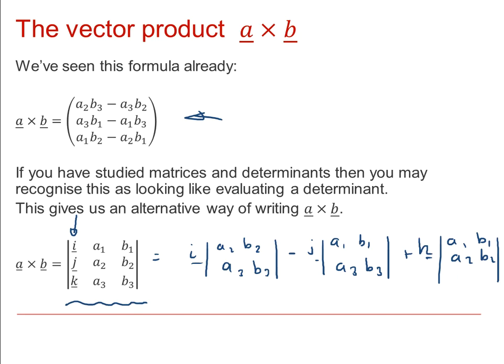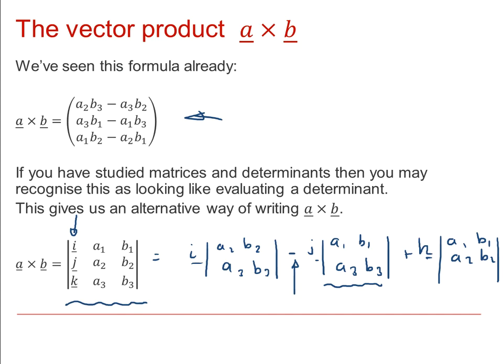If you work out those determinants, you'll see that i gives a2 b3 minus a3 b2, which is the top line of our cross product. The j term is a1 b3 minus a3 b1, but of course it's negative when we find the determinant, and that produces the middle line of the vector product. And finally, we get the bottom line from the last determinant.